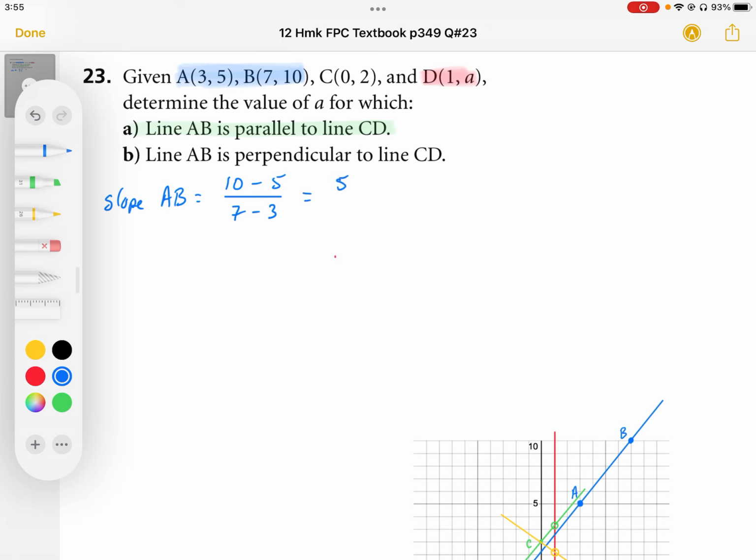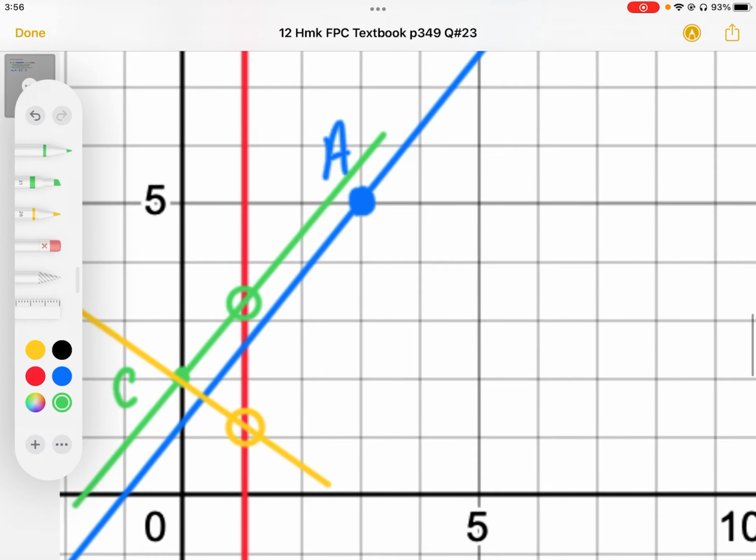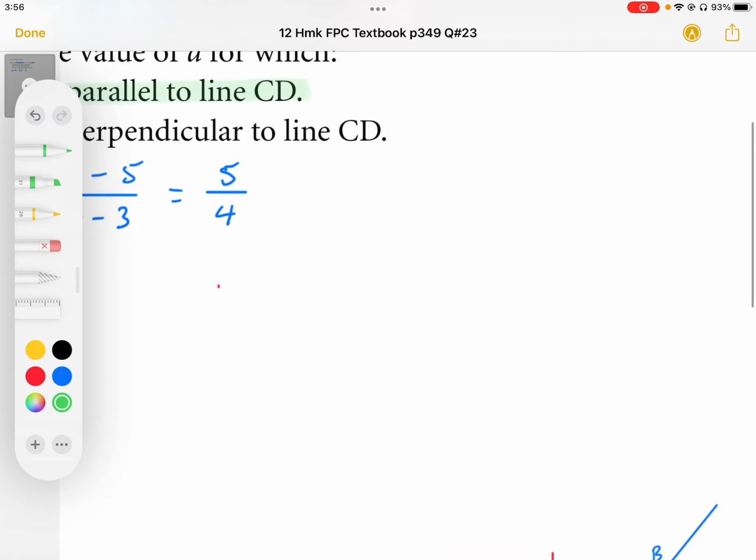That gives me the rise and run, so it gives me a rise and run of 5 over 4. And then I'm going to set up the slope between C and D. Now that point there, that I've circled in green, we know the x coordinate is 1, and the y coordinate is A. So we're just going to set up the slope formula based on that.